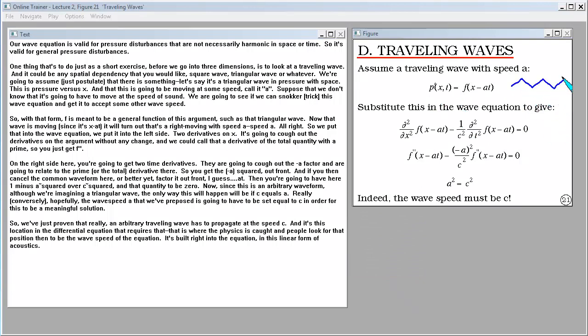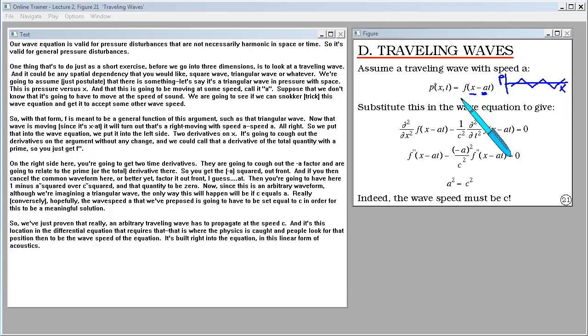We're going to just postulate that there is something, let's say a triangular wave in pressure with space. So this is pressure versus x, and it is going to be moving at some speed, let's call it a. Suppose we don't know that it's going to have to move at the speed of sound, and we're going to try to see if we can trick this wave equation into accepting some other wave speed.